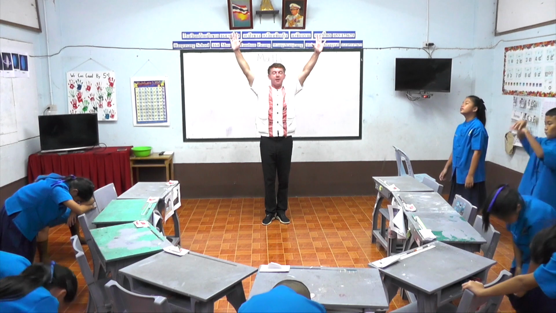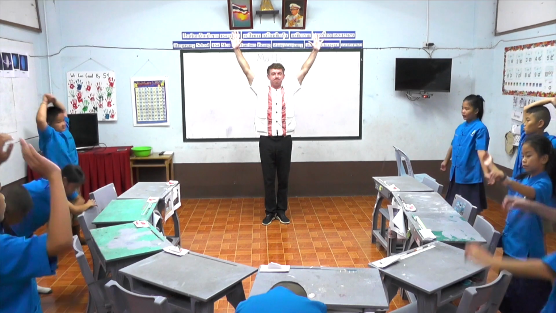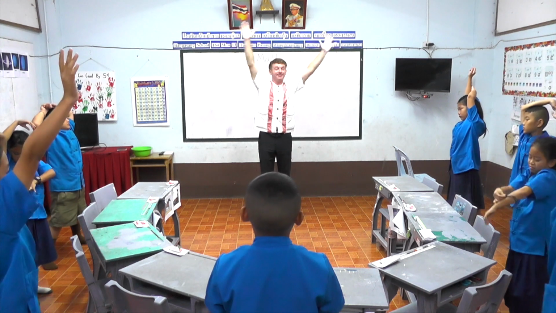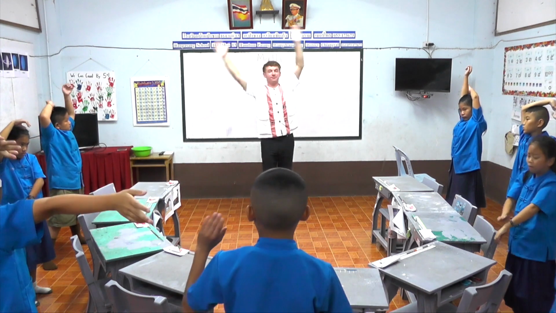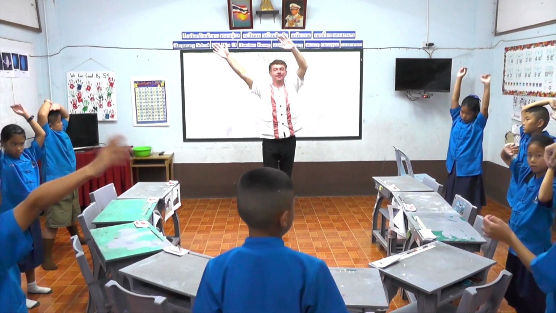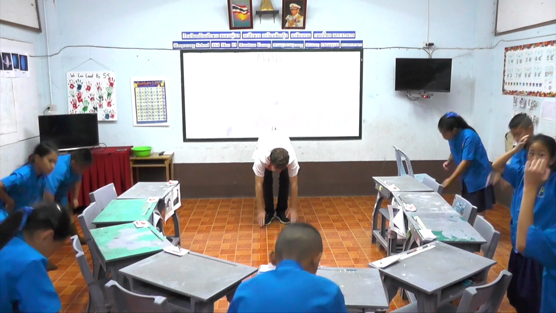Then we can go back up high one more time. This time, can we go tippy toe high? And while we're there, let's have a wave. And then down to touch our toes again.